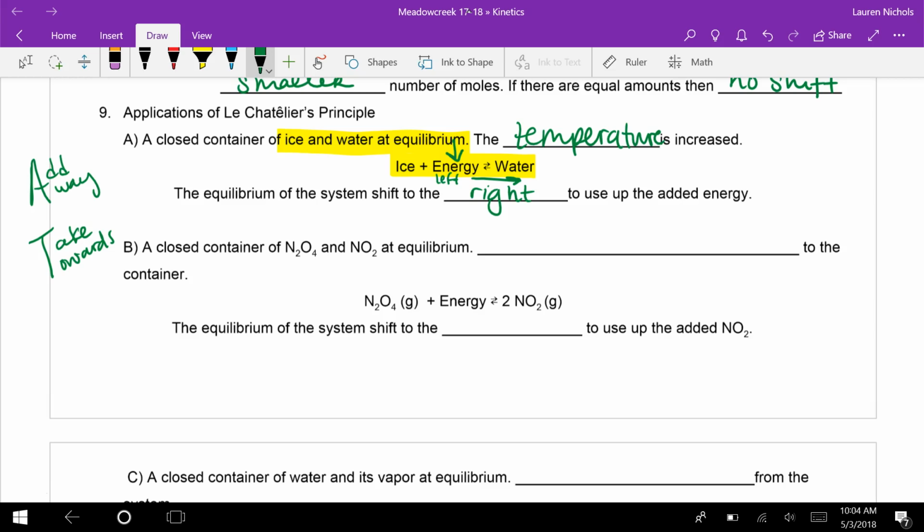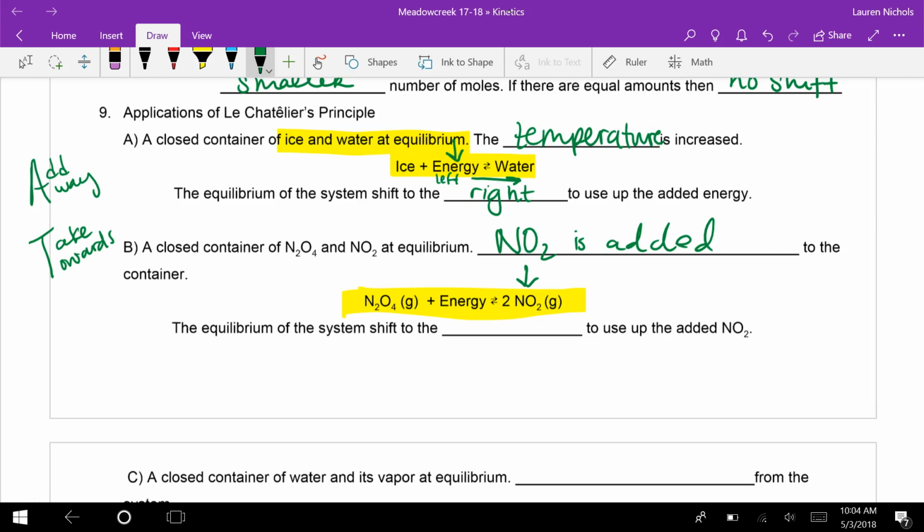Then B, we have a closed container of dinitrogen tetroxide and nitrogen dioxide at equilibrium, and it's in this equation here. And what's going to happen is NO2 is added to the container. Now, if I add more NO2, which is on the right side, remember, add away.